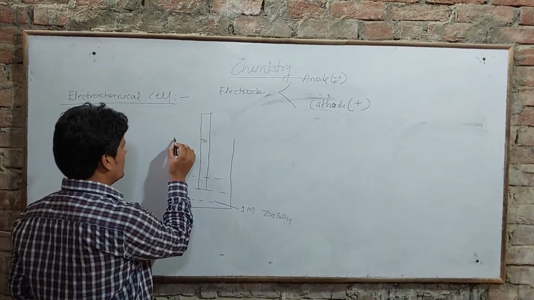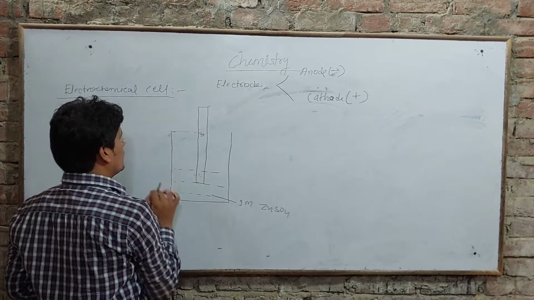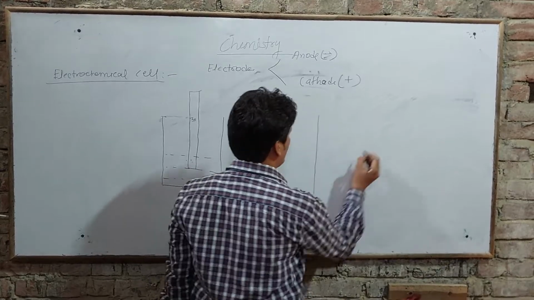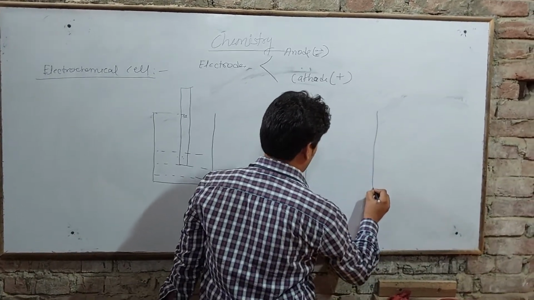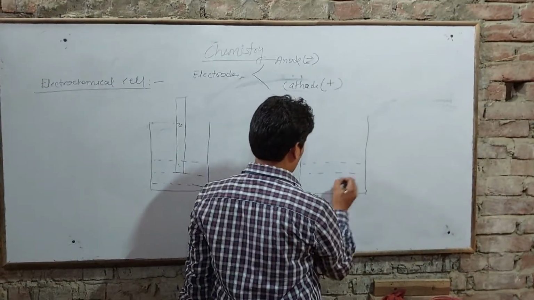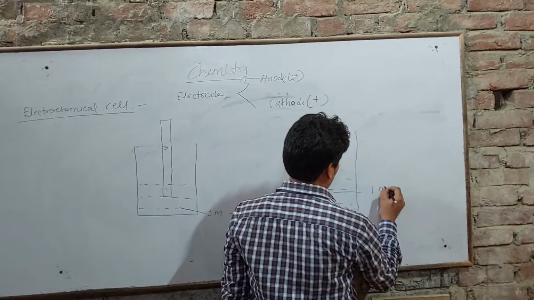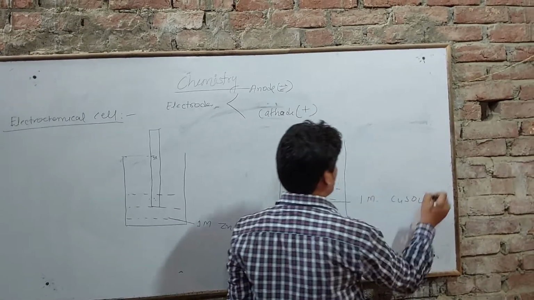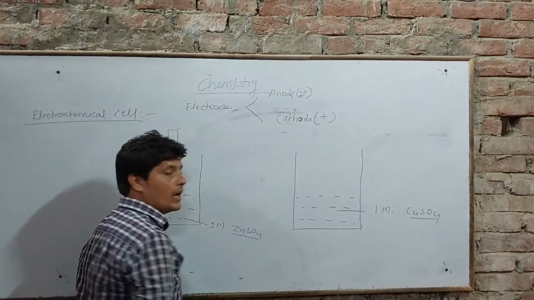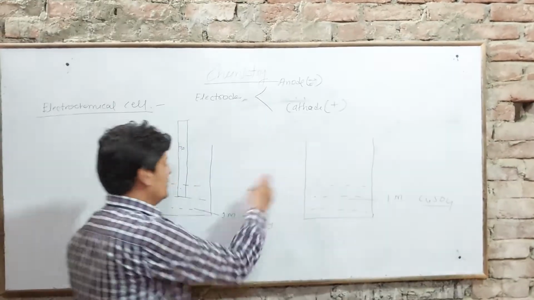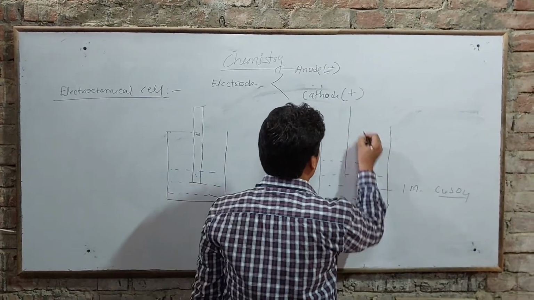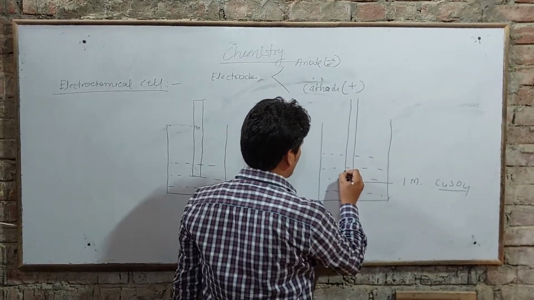We have another pot in which one molar copper sulfate solution is filled. These zinc sulfate and copper sulfate act as electrolytes, while in this one a zinc rod and in the other a copper rod is dipped.